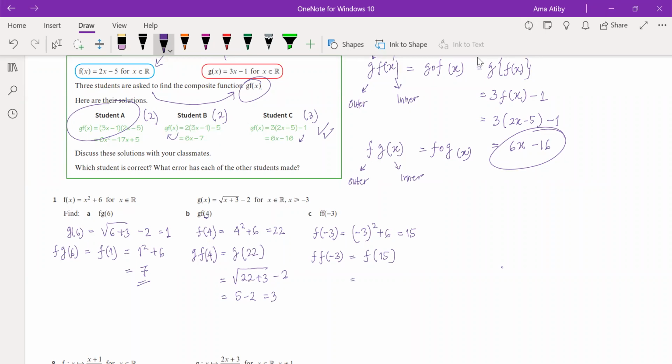So it equals 15 squared plus 6. 15 squared is 225, plus 6, so it is 231. Are you okay with this?